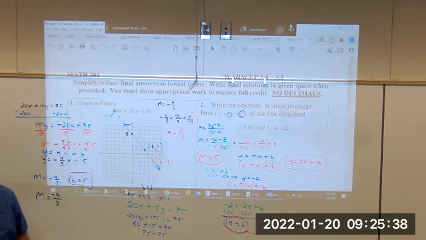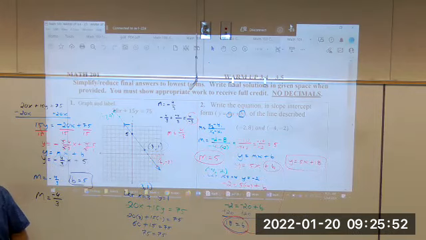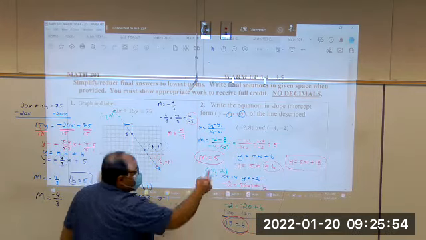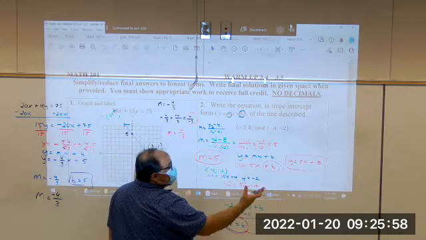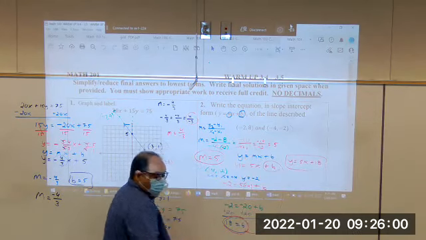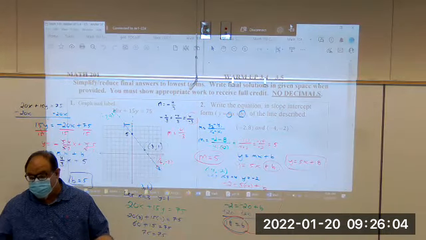Here's how I know I'm right. I plugged in the -4, -2. Well, the first ordered pair, the -2, 8, is also on this line. If I plug in this, it better work. So here's how you can check to see if it's right, because on a test, there's no back of the book to look at.